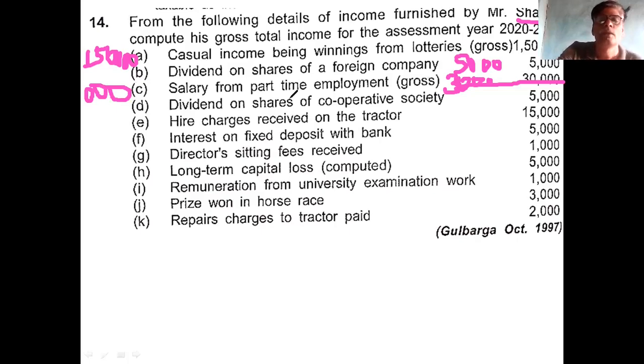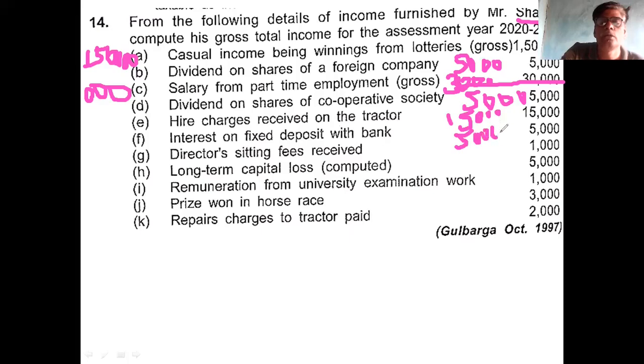Remember this. Then dividend from cooperative society 5,000 comes in other source. Then hire of tractor is 15,000. You write in the middle column. Tractor hire charges, other source. Interest on bank deposit 5,000.